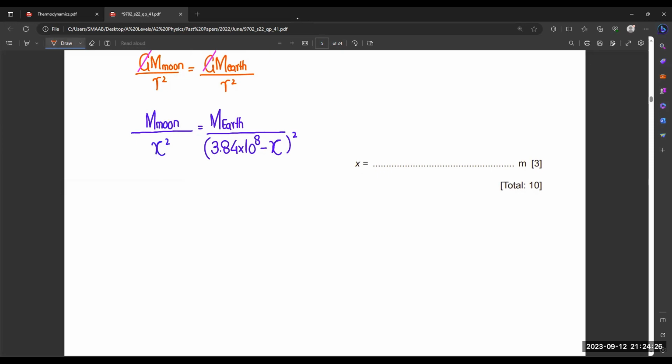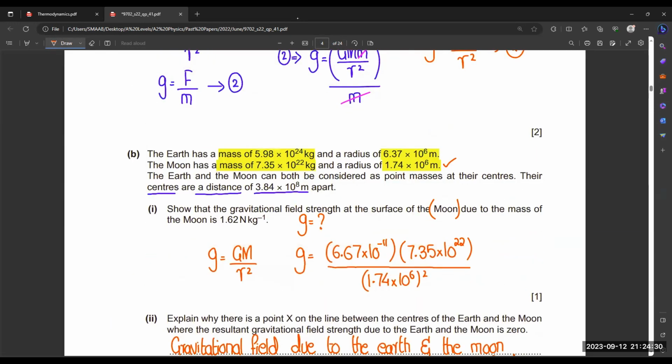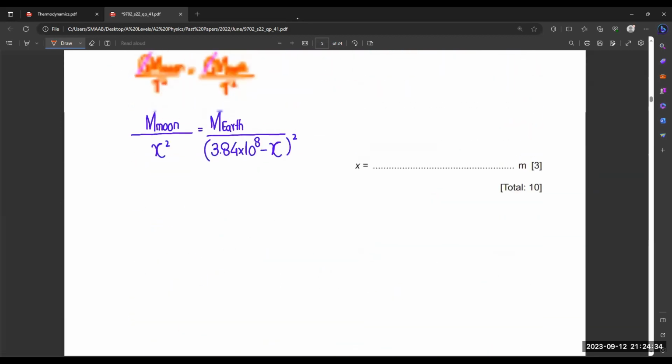The mass of the moon is given, which is 7.35 times 10 to the power 22. X square is unknown. The mass of the earth is also given in the question.